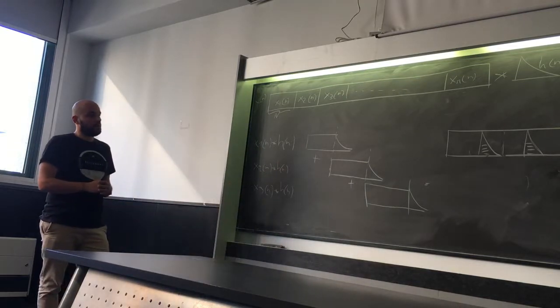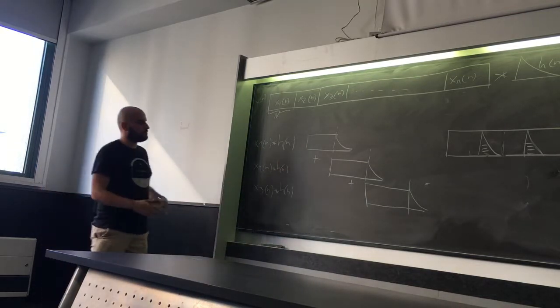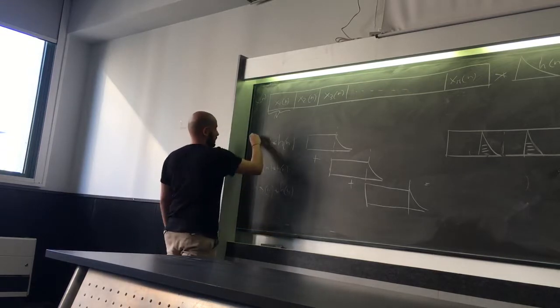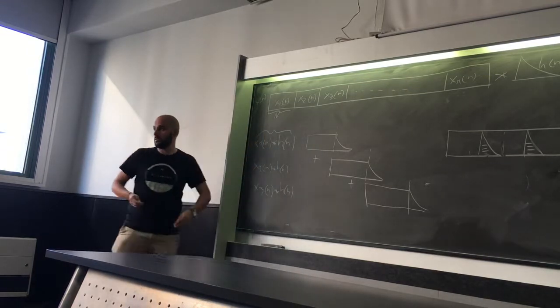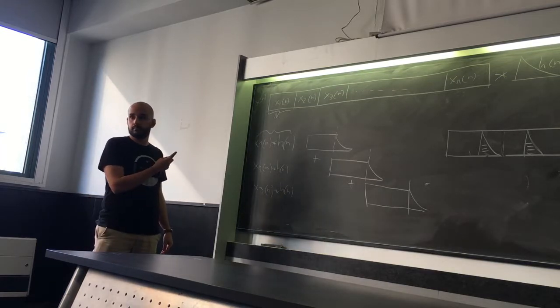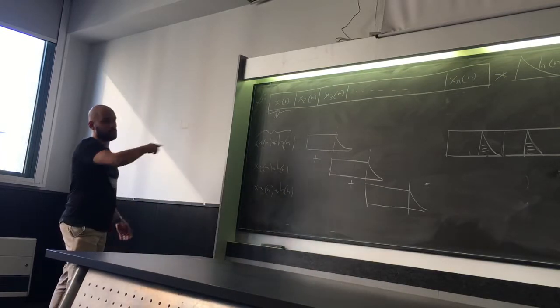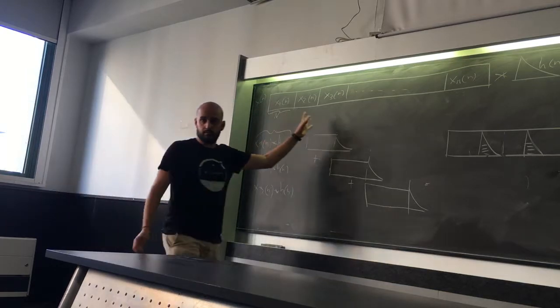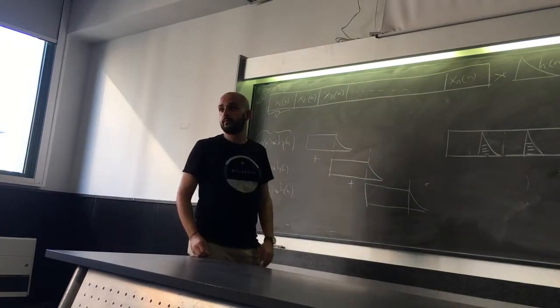Now, to make it more efficient, you can also implement these in frequency domain. It doesn't really matter. Is this clear? Are you convinced that this returns exactly the right result? But you sum also the tails.